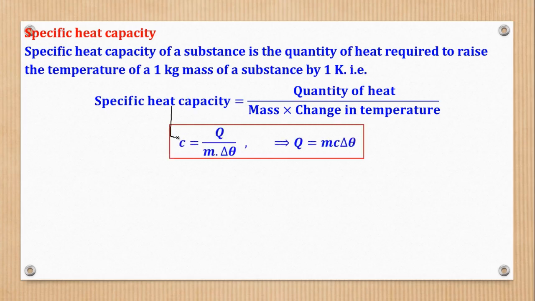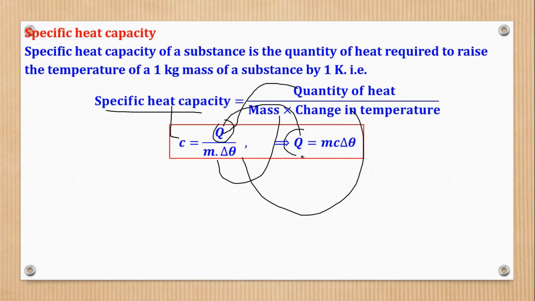Mathematically, this small c, when it is lowercase, is specific heat capacity. When it is uppercase, it is heat capacity. So you should know the difference between lowercase c and uppercase C. Quantity of heat remains the same, mass is m, and change in temperature is delta theta. When I make capital Q the subject, I'll come up with Q = mcΔθ.